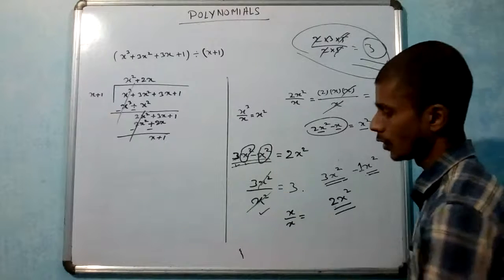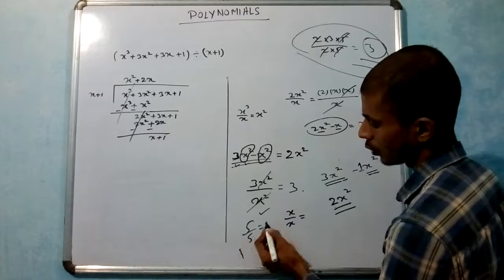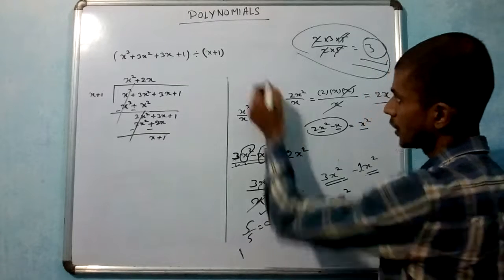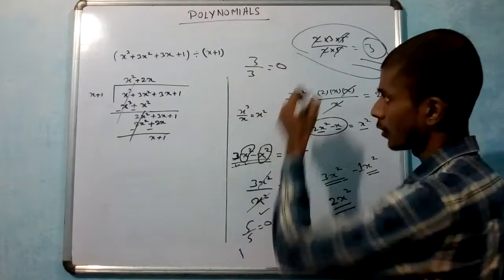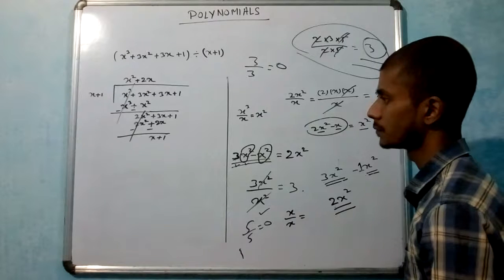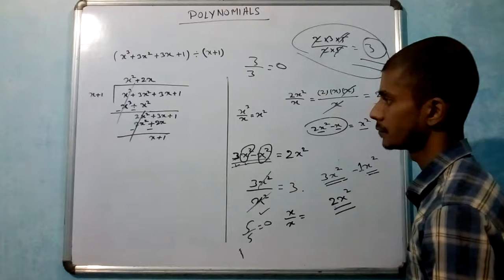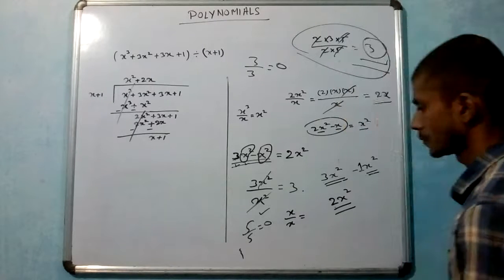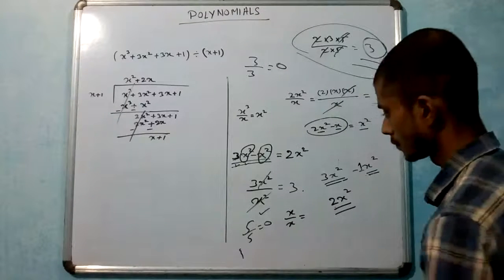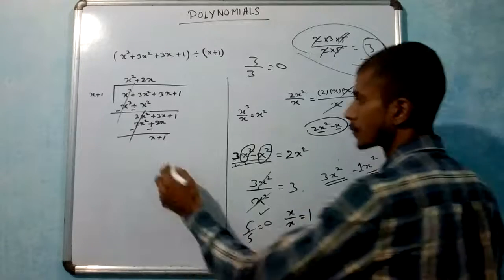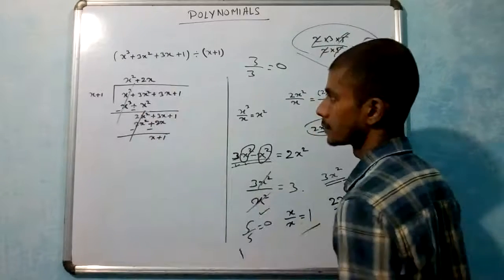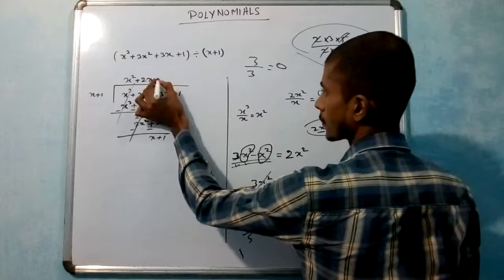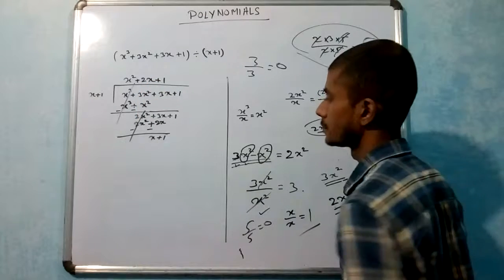X divided by x is 0? No. 5 divided by 5 is 0? 3 divided by 3 is 0? According to you, no. So what should I write here? Plus 1. Okay, next what?